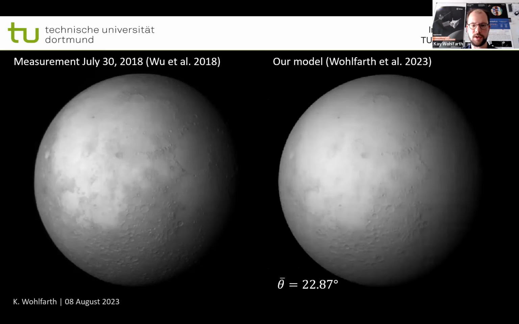It turns out there seems to be quite some resemblance between our modeling result on the right and measurements from Wu et al. 2018. We found that a value close to 23 degree average roughness best fits the data.